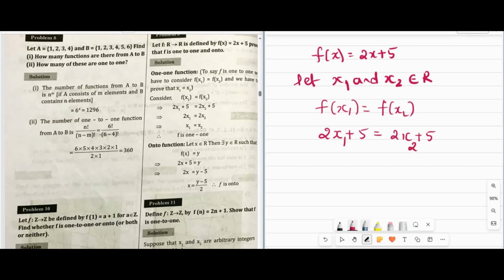Then like terms will get cancelled on both sides. So we are left with 2x1 equals 2x2. Then 2 and 2 get cancelled, so x1 equals x2. Therefore f is 1-1.